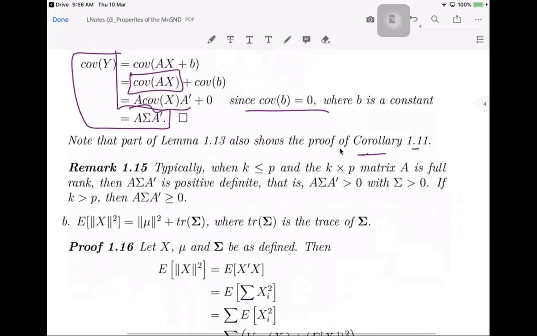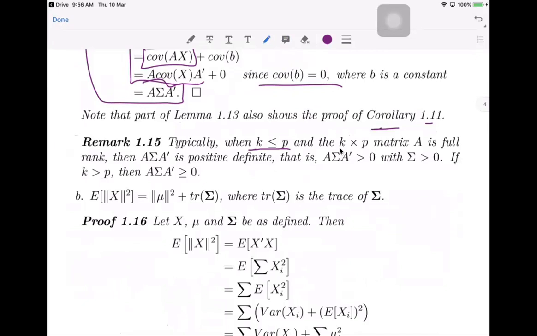So typically, when K is less than or equal to P, and you have a matrix A which is K by P, when this is true, then we say A is of full rank. And if A is of full rank, then A sigma A prime will be positive definite, if sigma is also positive definite.